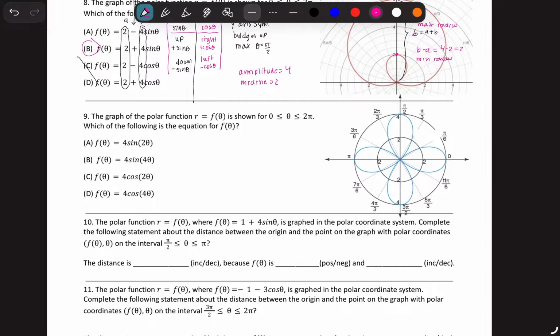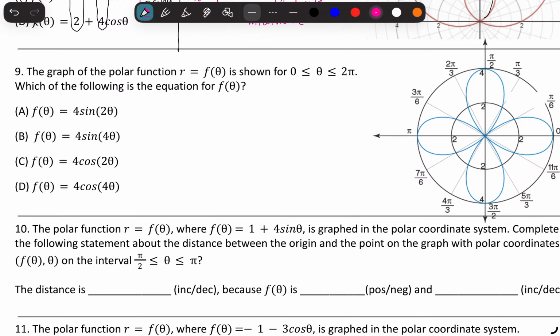The graph of the polar function r is equal to f of theta is shown for 0 less than or equal to theta less than or equal to 2 pi. Which of the following is the equation for f of theta? So for petals, if you have an even number of petals, that means the number representing the number of petals is going to be even.